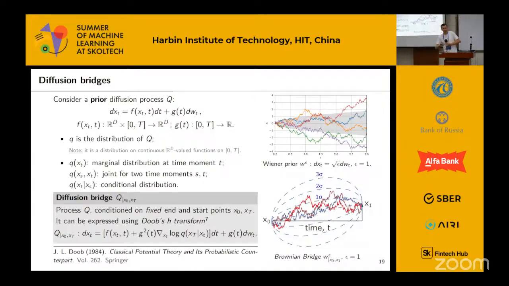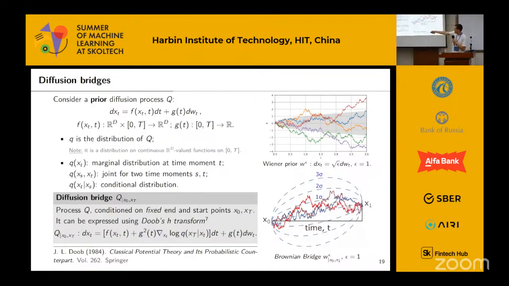What is this process? How can it be described in mathematical terminology? In fact, there is a famous tool from stochastic differential equations, which is called Doob's h-transform, which says that this conditional process, the bridge, can be described as a stochastic differential equation as well.